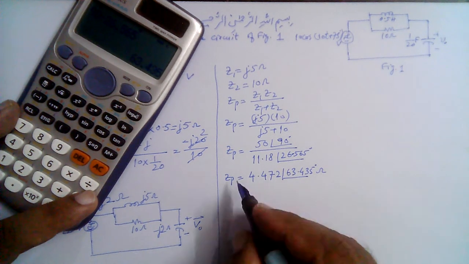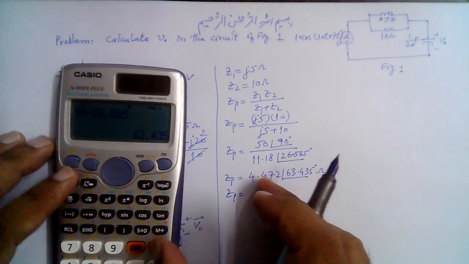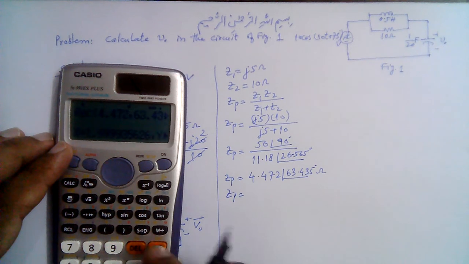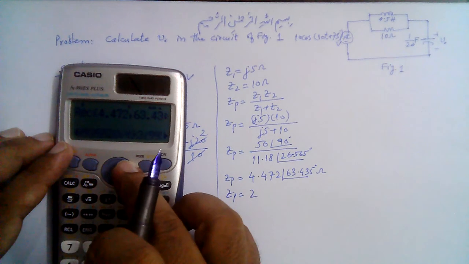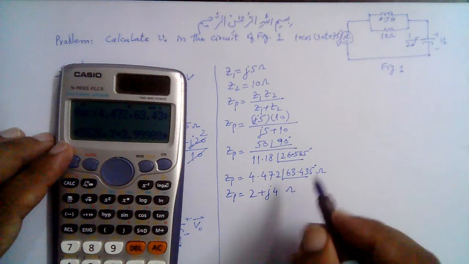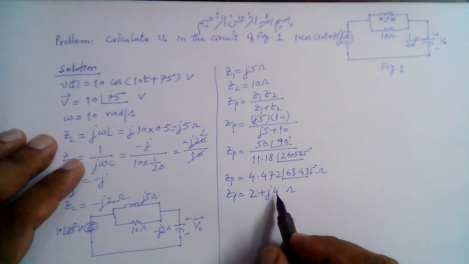Let's transform this into the rectangular form also. 4.472 at an angle of 63.435. So this is 2 plus J4 ohms. So this has a component of inductive reactance.